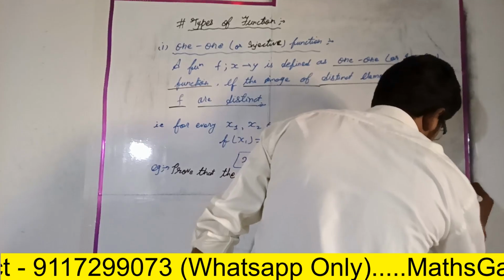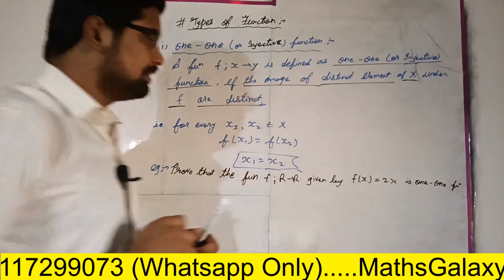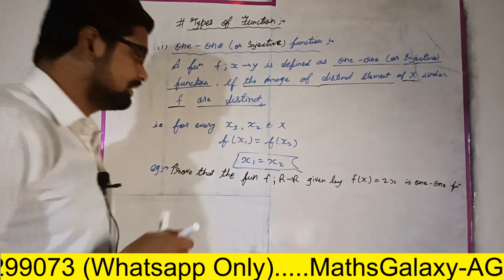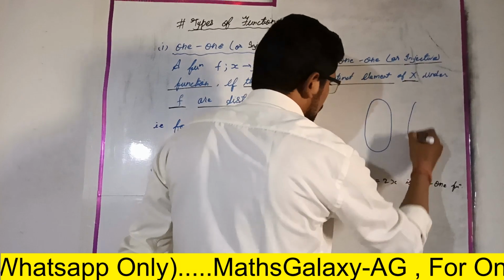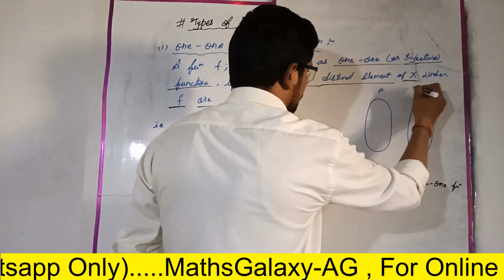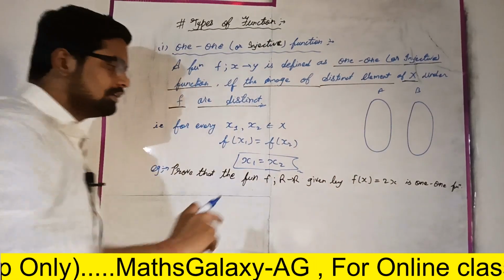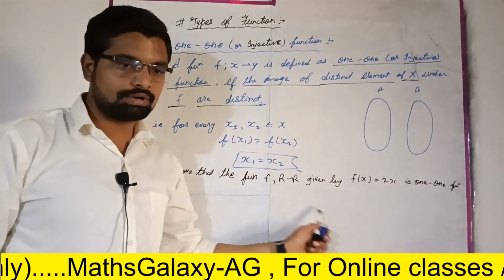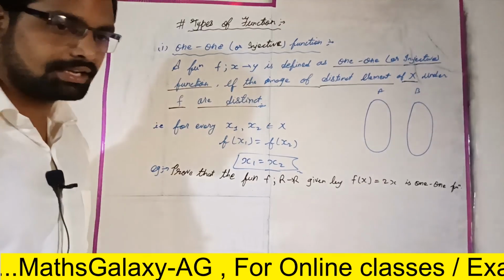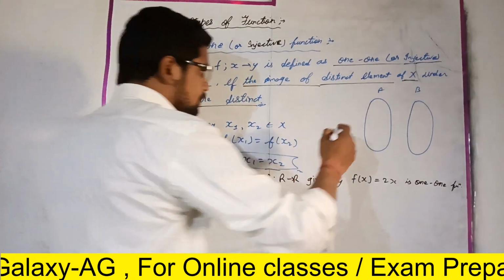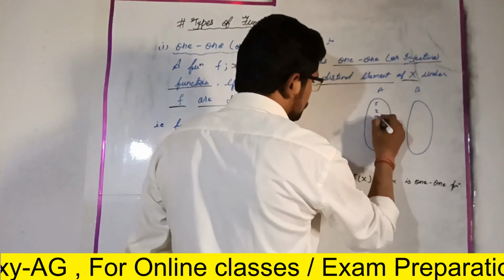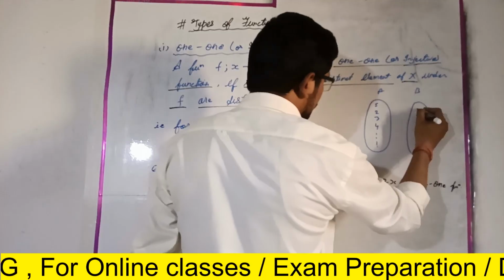First of all, try to understand: suppose there are two sets, set A and set B, sets of real numbers. Do you know about the real numbers? Here I am taking the positive real numbers: 1, 2, 3, 4, and so on till infinity.